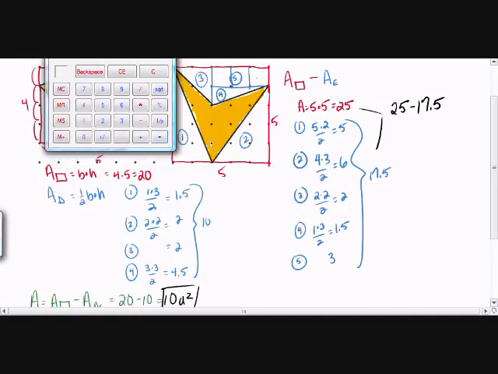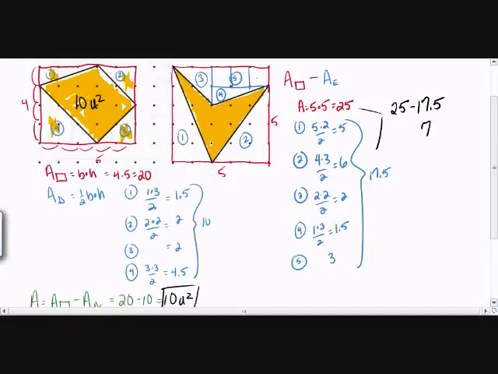Generally, when I do something like that, I do 25 minus 17, you get 8, minus the 0.5. 8 minus 0.5 is 7.5. So you get 7.5 units squared as the area of this one.